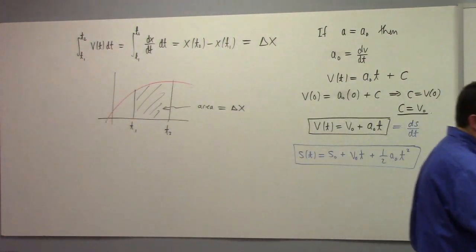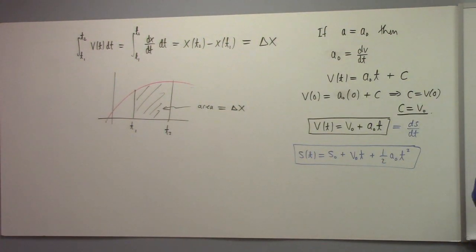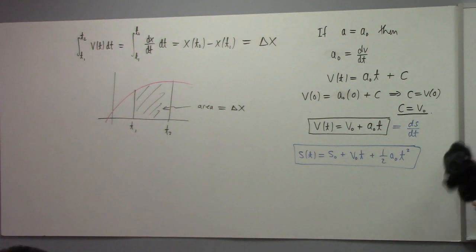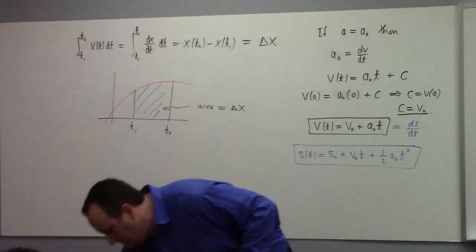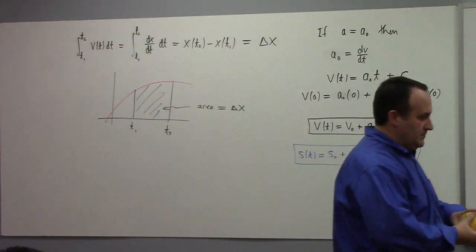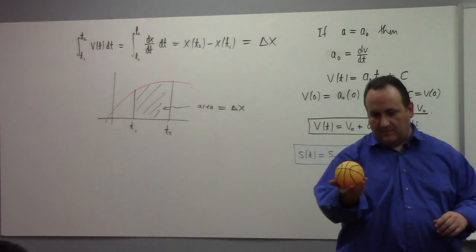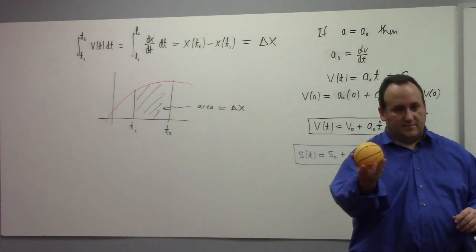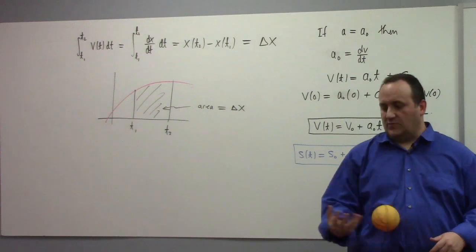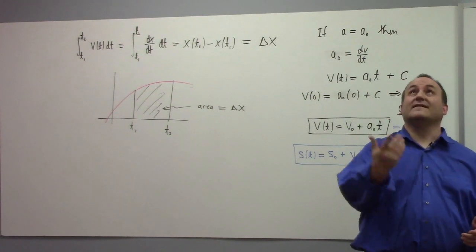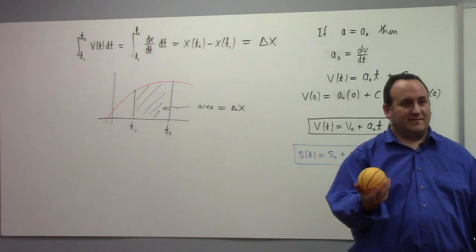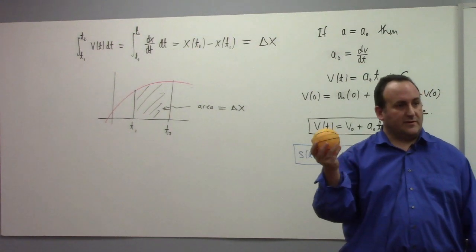So let's work some problems, yeah? For example, question, if, let's see here, if I throw this ball upwards, and it just barely hits the ceiling, how fast did I throw it?